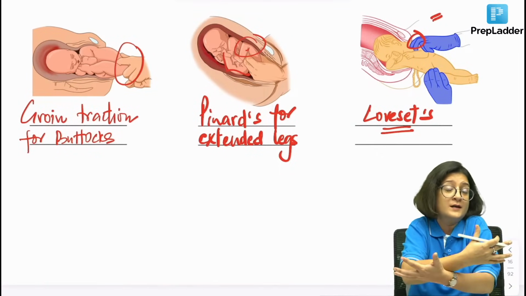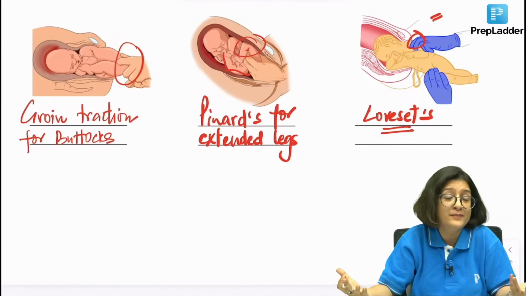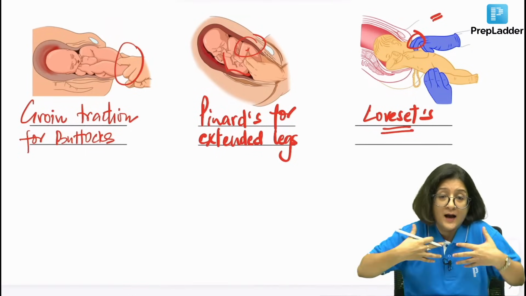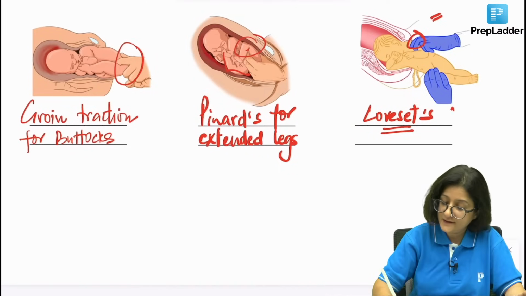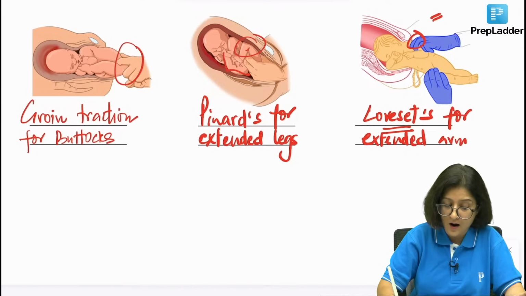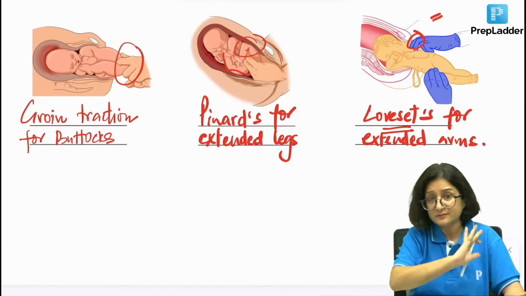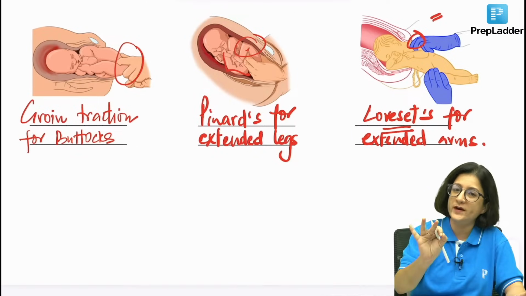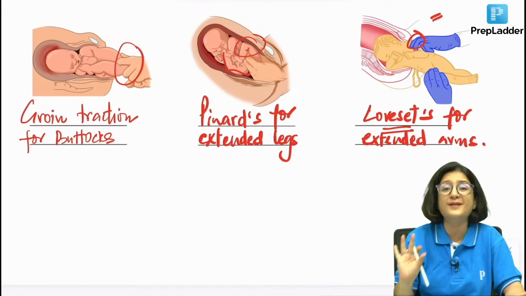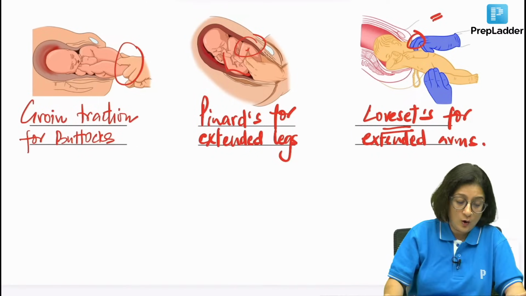So that's how I remember it. It is for extended arms, and when arms are delivered, the shoulders get delivered as well. So Lovset's is for delivery of extended arms. So remember these three images. They can be image-based questions. They are often also asked as part of match the column kind of questions.